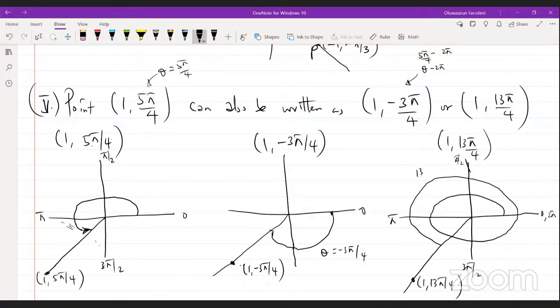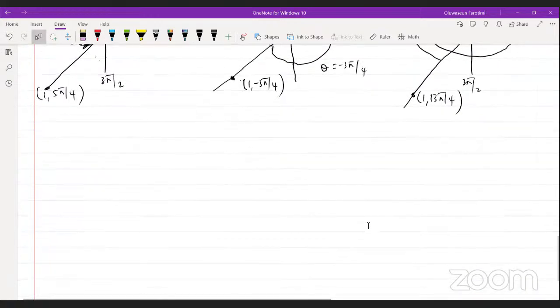So this angle itself is 13 pi over 4. These are very basic sketches that we need.